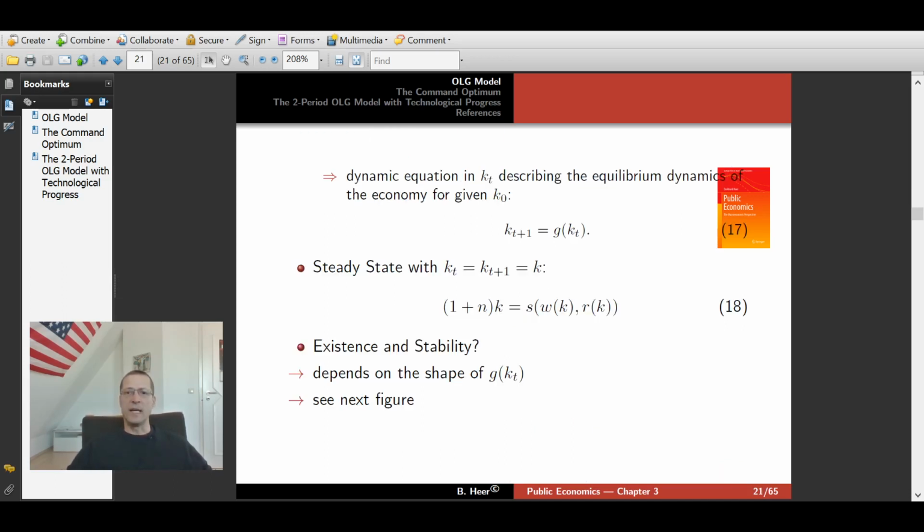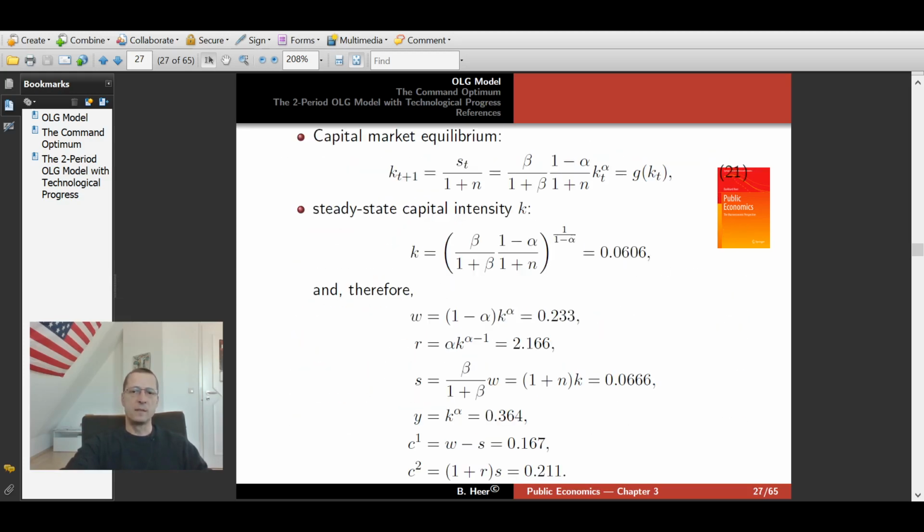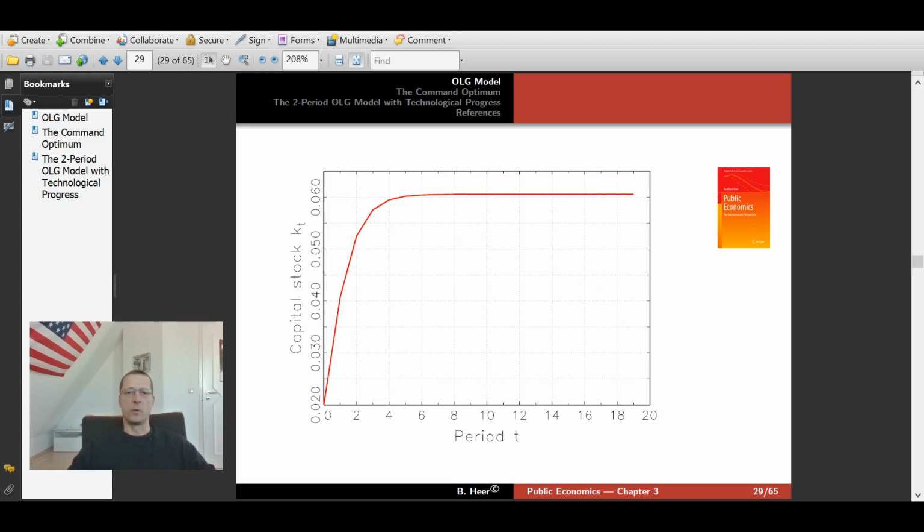And we can analyze the dynamics of the model with the help of just one state variable, lowercase k, the capital stock per worker, and this amounts to equation 17 or 18. Now let me show you the result of a numerical example that we consider in the next tutorial.